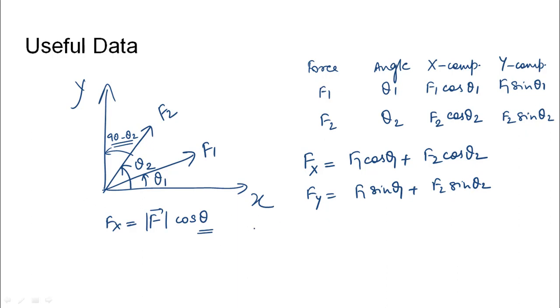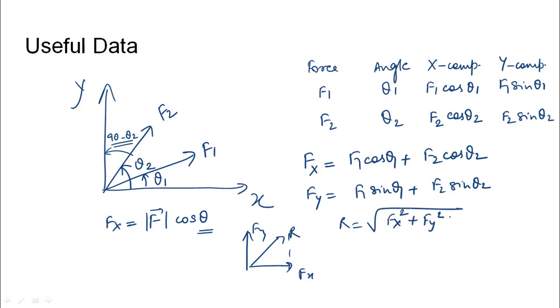The resultant for two components, Fy and Fx, can be found using the Pythagoras rule, which gives the resultant as the square root of Fx square plus Fy square, and the angle the resultant makes from the x-axis is given by tan inverse of Fy over Fx.